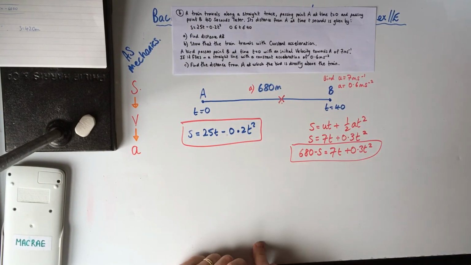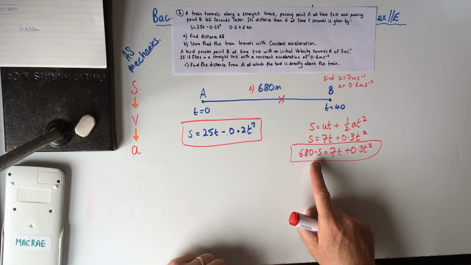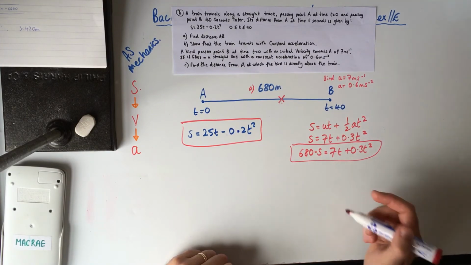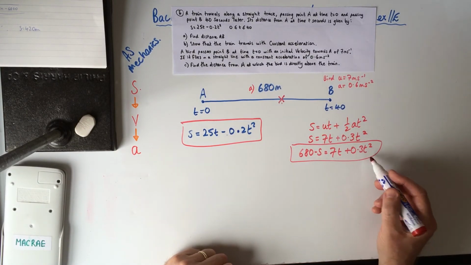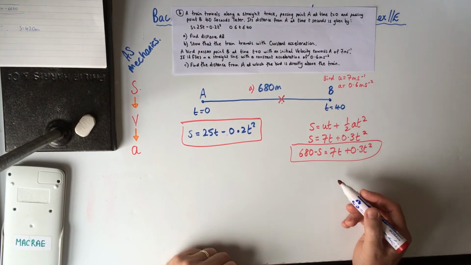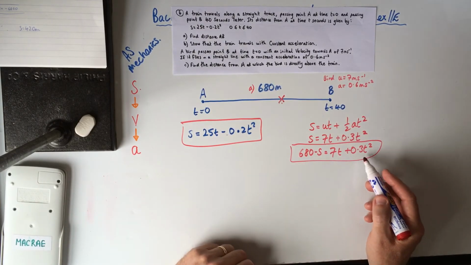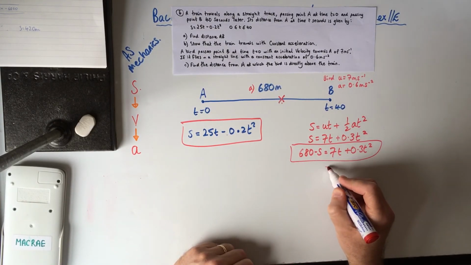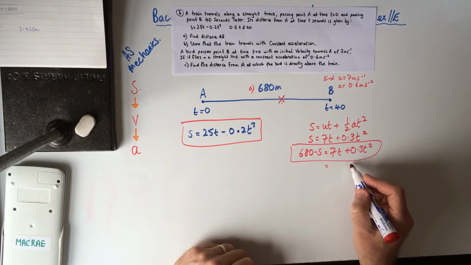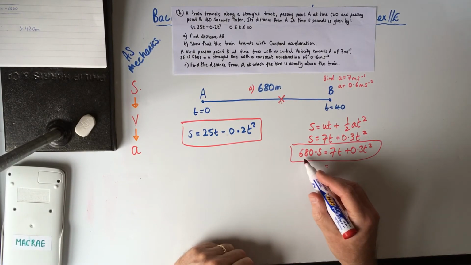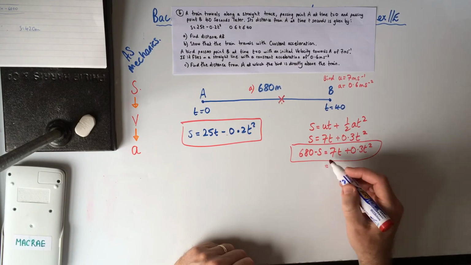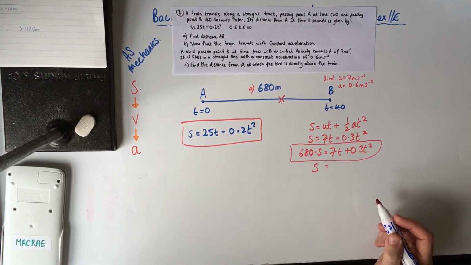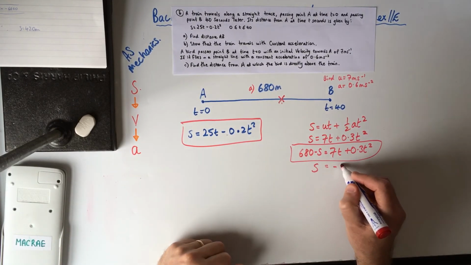So what I'm going to do is rearrange this. I'm going to put the s onto this side and move everything across onto that side. Actually, I'll move that over there and multiply everything through by -1.